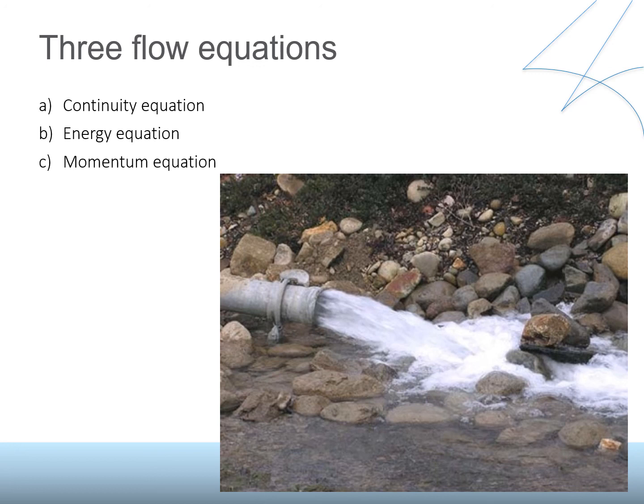However, there are three fundamental important equations which are sufficient to solve most of the fluid flow problems. And these equations are the continuity equation, energy equation, and momentum equation. Obviously, there are some additional equations. However, these three fundamental equations are sufficient to solve most of the fluid flow problems.